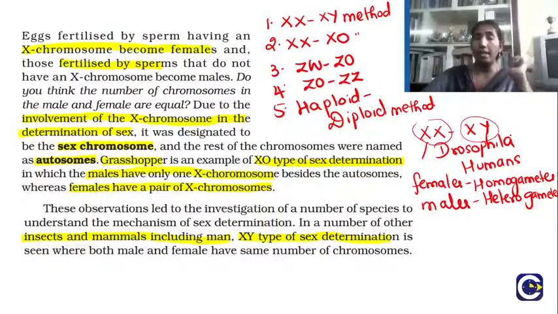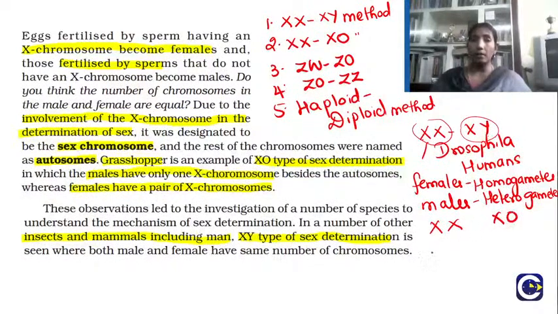Then we have the XX-XO method. This is quite common in grasshoppers and certain insects. Here the XX female is homogametic. What about the male?